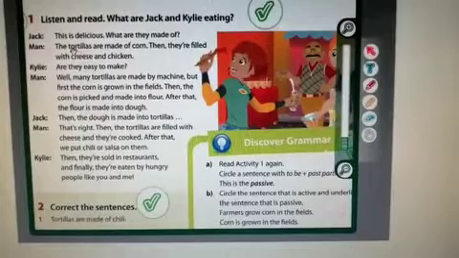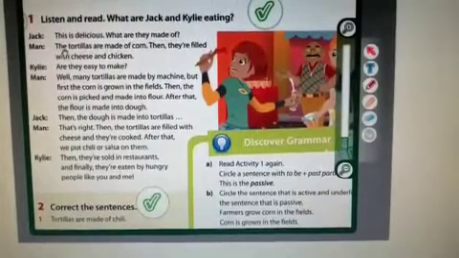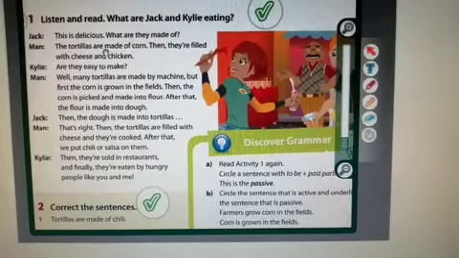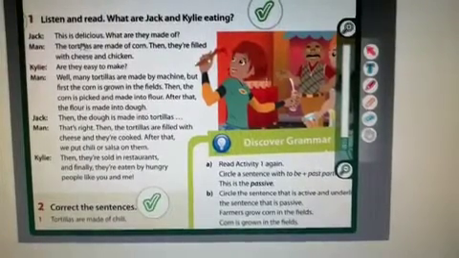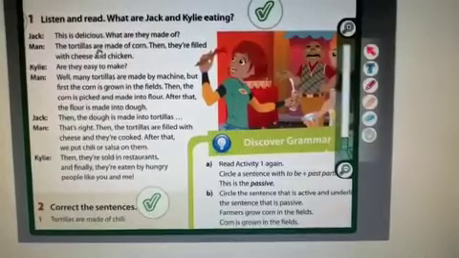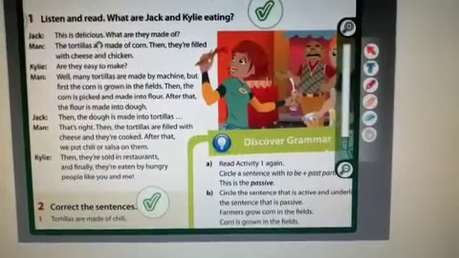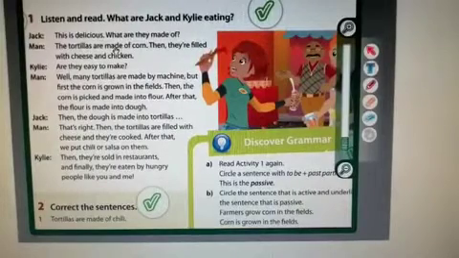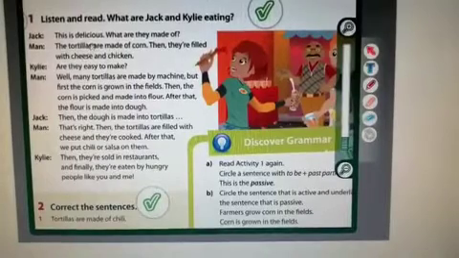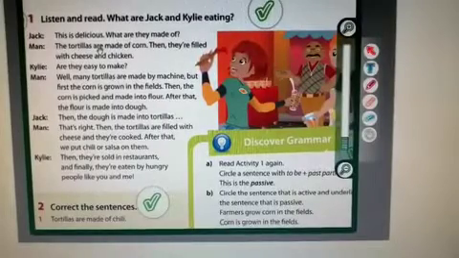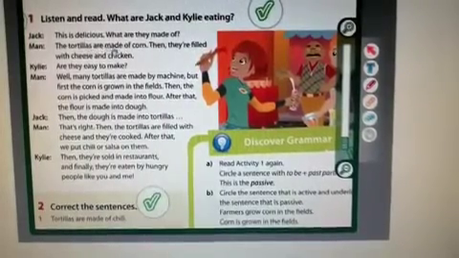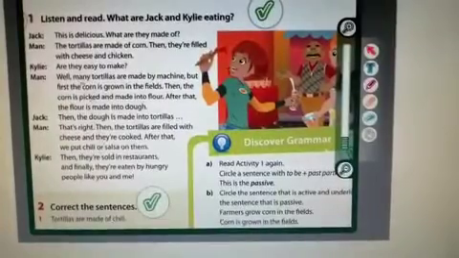Here, the answer: the tortillas are made of corn. The rule says subject plus be. Be is am, is or are, as we said before, with verb 3. This is the present passive. Here, the subject is plural, so we put are. This is one example. You can find many examples here.